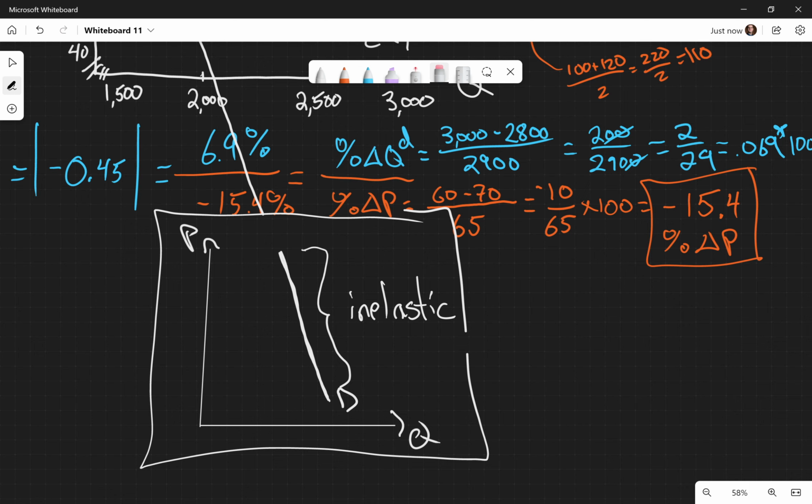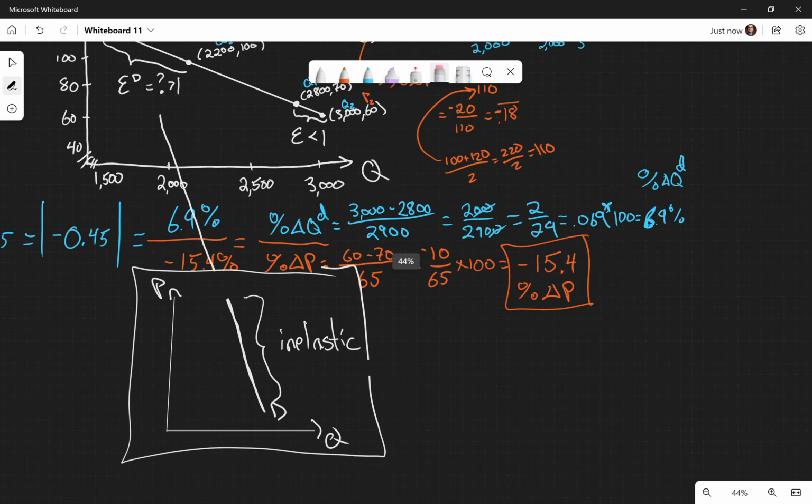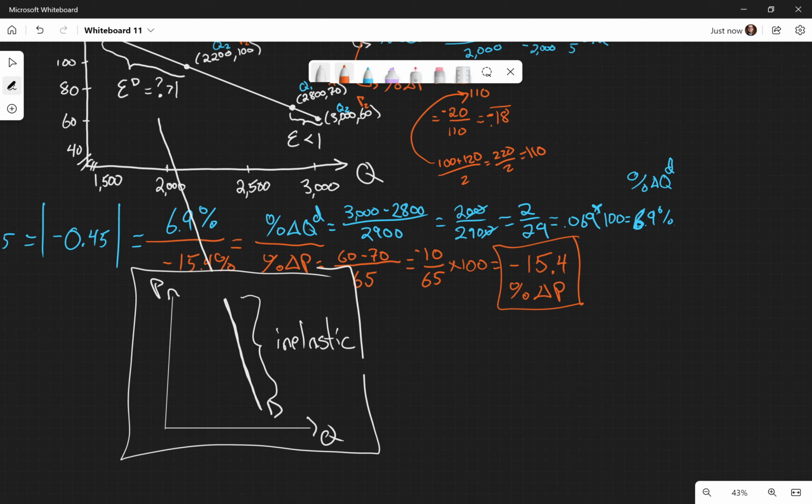So, questions on elasticity, calculating it. If this is inelastic, then what would elastic be? Elastic would be something very flat. Something very flat like that, right?